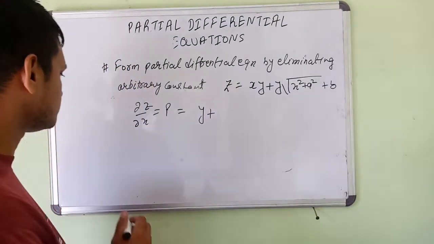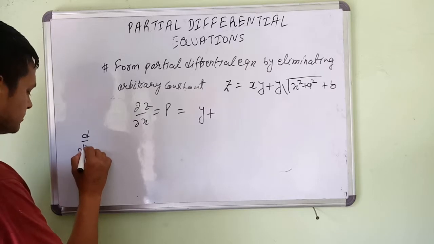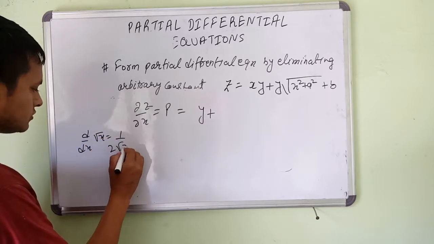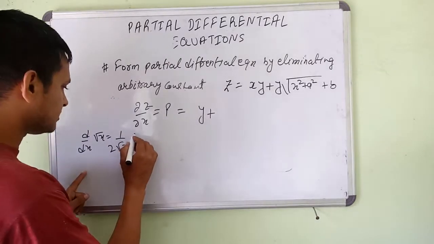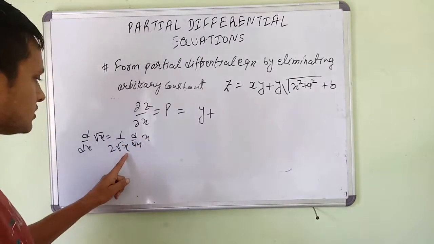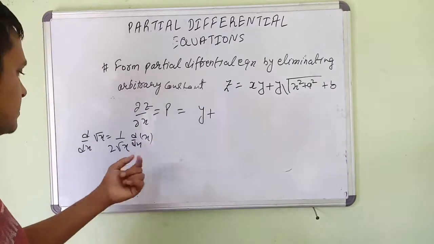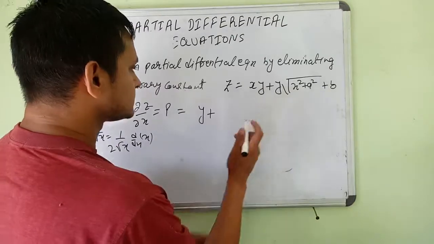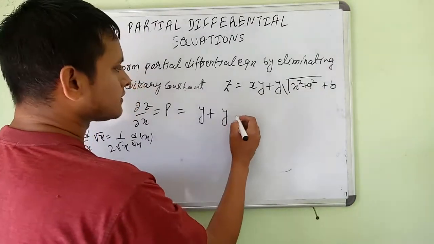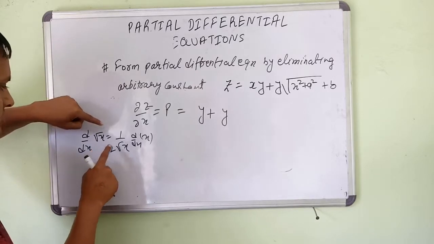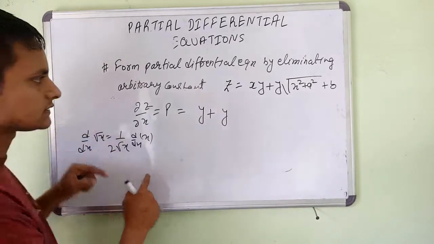Okay, so we know that d by dx of root x is 1 divided by 2 root x, and again d by dx of this x. Similarly if we apply this here, y is constant. So the derivative of a root function is 1 divided by 2 root x.